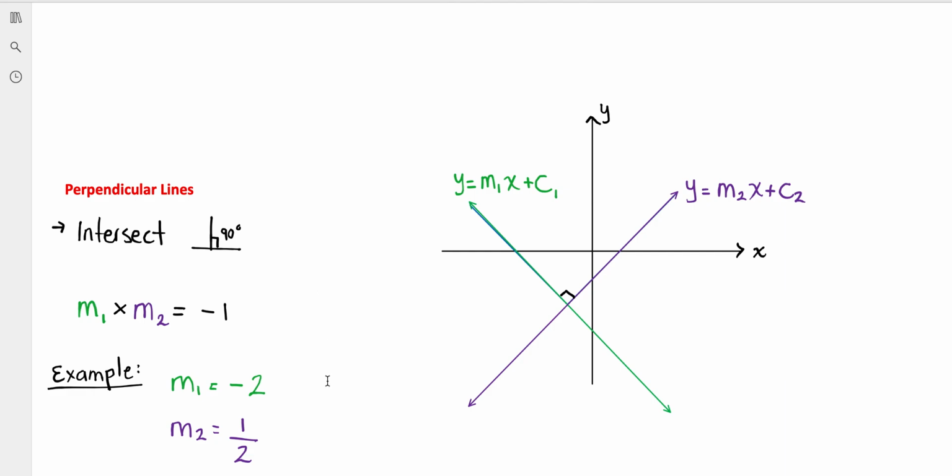So if I'm going to test our rule, I can say, okay, -2 times 1/2. If I do that multiplication, I can cancel this out, and that's equal to -1. So if that's the case, then those two lines will be perpendicular. Okay, wonderful. Now we're going to be doing some exercises, questions that are also theory. So I need you to take note of these ones in your book.